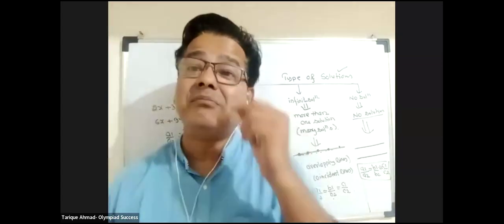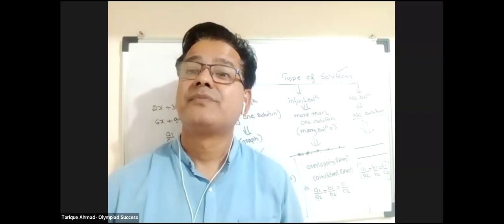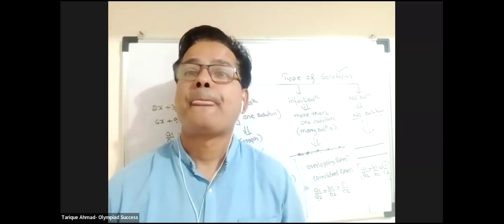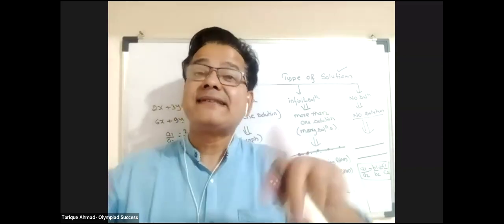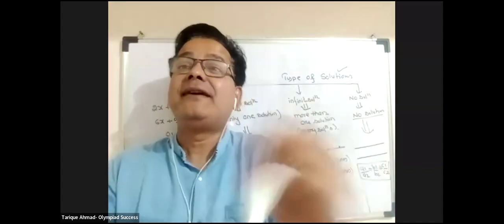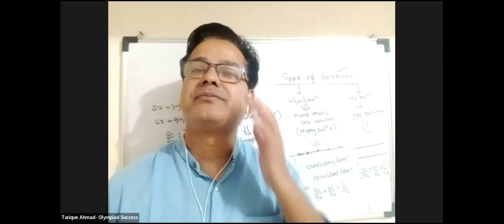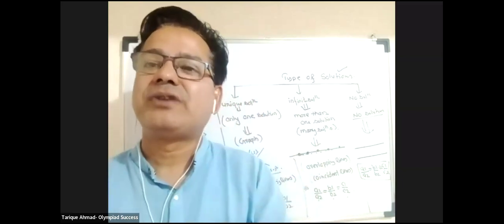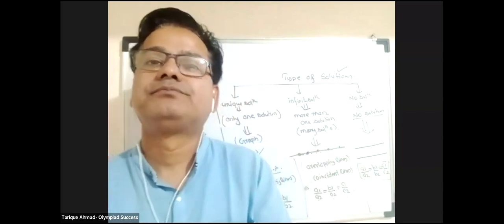And what is the meaning of infinite solution? That is the graphical meaning. When I ask what the graphical meaning is, you should tell this. More than one solution. So the meaning of infinite solution is more than one meeting point.